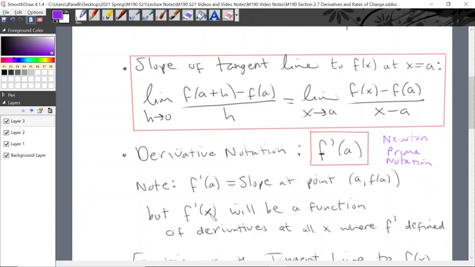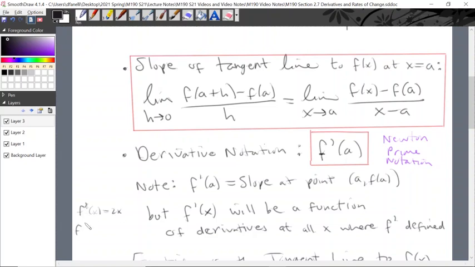That is, there is still the variable x floating around in the expression. So if you're looking at an expression like f prime of x is equal to 2 times x, equals 2x, that is a function that exists anywhere where it might be defined. That is, for any value x in the domain that you choose to plug in, you can then evaluate what the derivative is at that point.